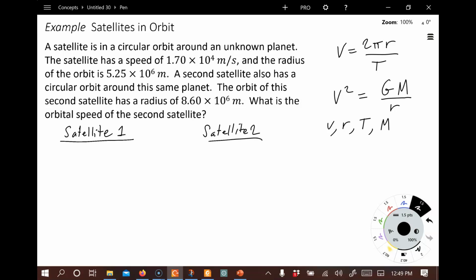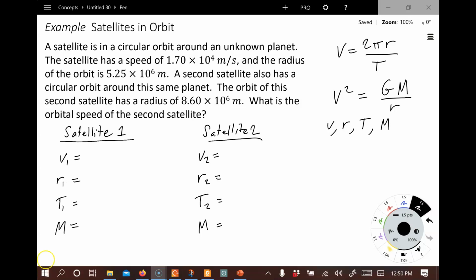And I'm going to go ahead and write down for each of these variables. For the first satellite, we can write each of these four down. And I'll do the same thing for the second. So there we've gone ahead and written down the two satellites and the information we want to try to gather.